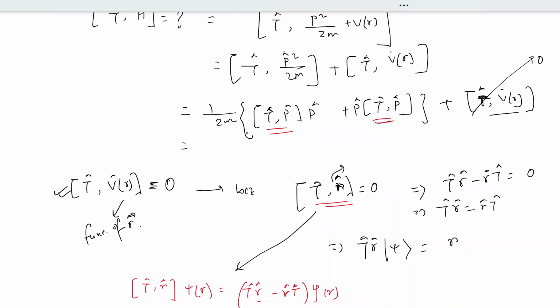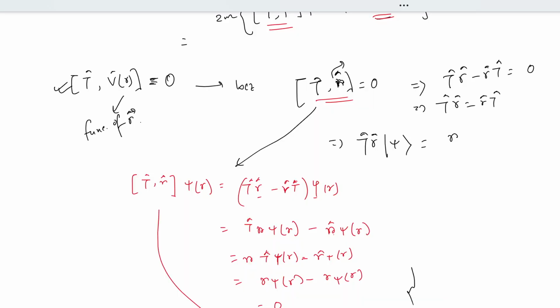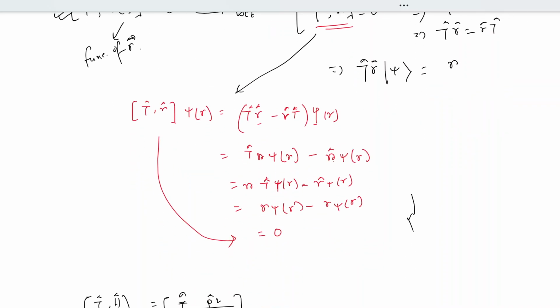Here what you do is that T and H, again let me write down. So now T and H is simply, because the commutation bracket with T already has given you 0, you are only left with the kinetic energy term, which is P squared by twice M, right?